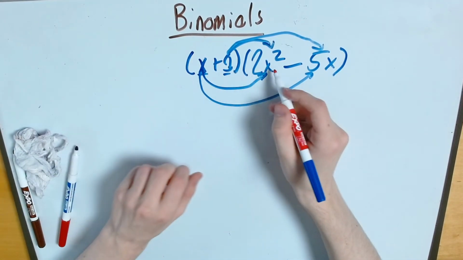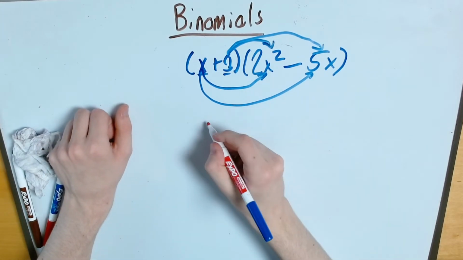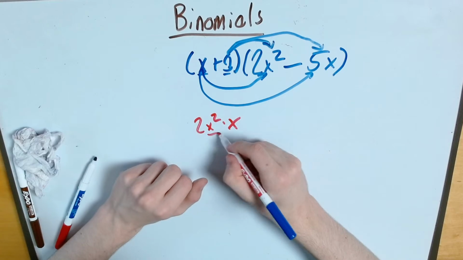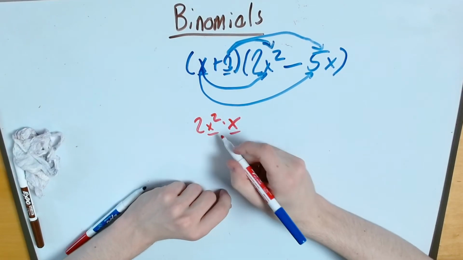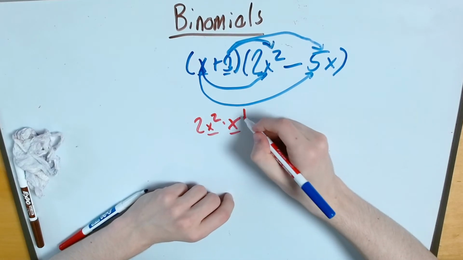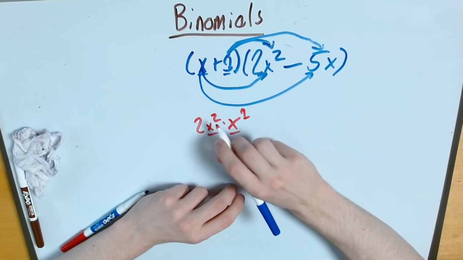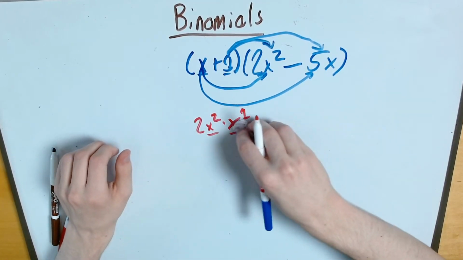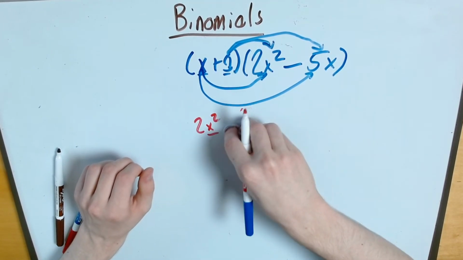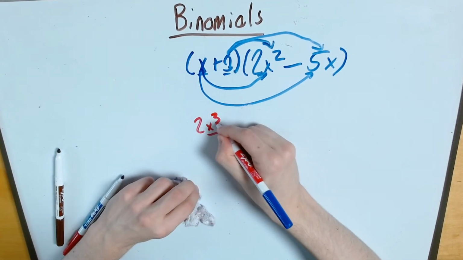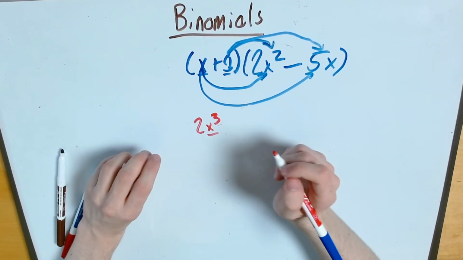So x times 2x squared. Well, we notice we have two variables we're multiplying together. They're the same variable. We'll notice that they both have exponents, so we can add their exponents together, because we're multiplying by the same thing, so it's going to be x cubed.